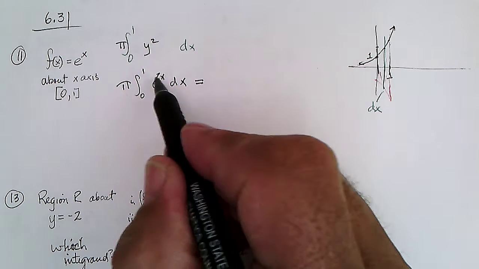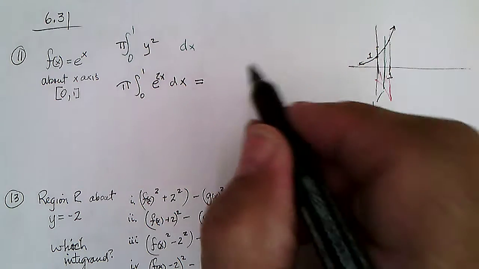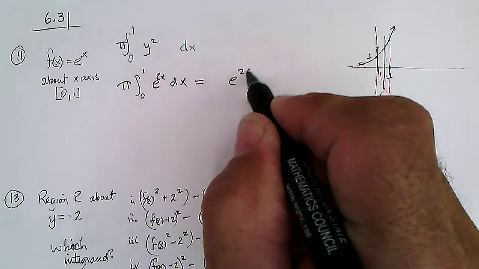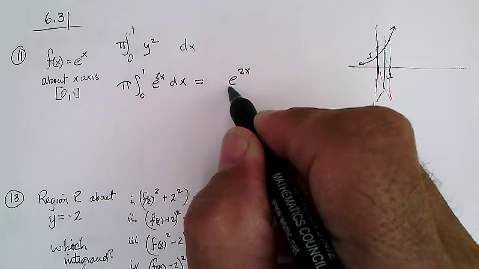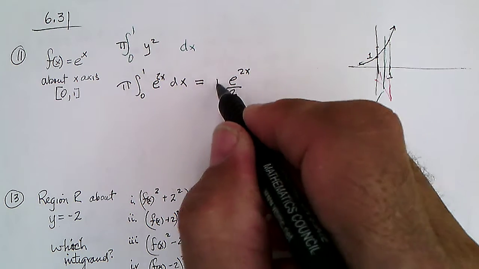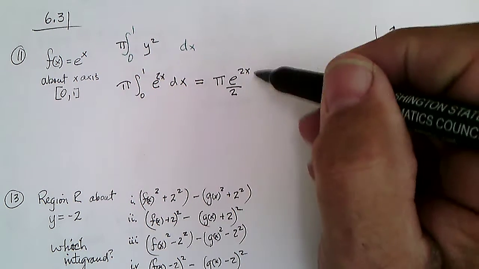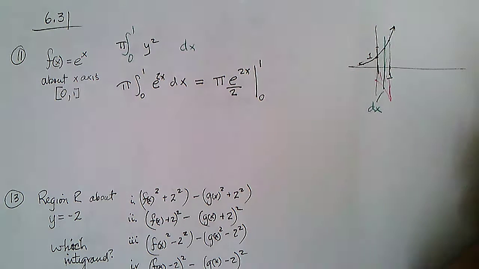Integrating this, I could let u equal 2x and do it by substitution. But if I took the derivative of this, I would get e to the 2x times 2. But I don't have it, so I have to have it divided by 2, times pi, evaluated from 0 to 1.